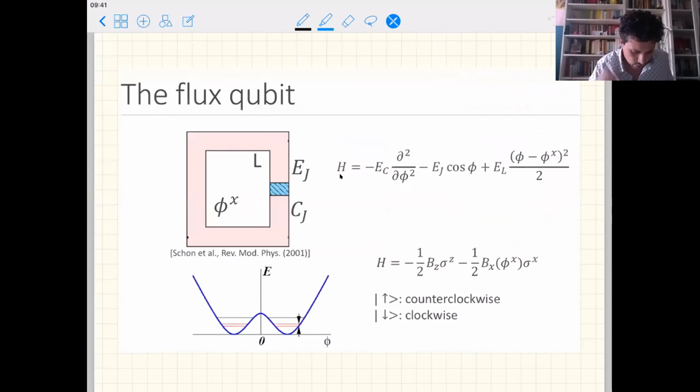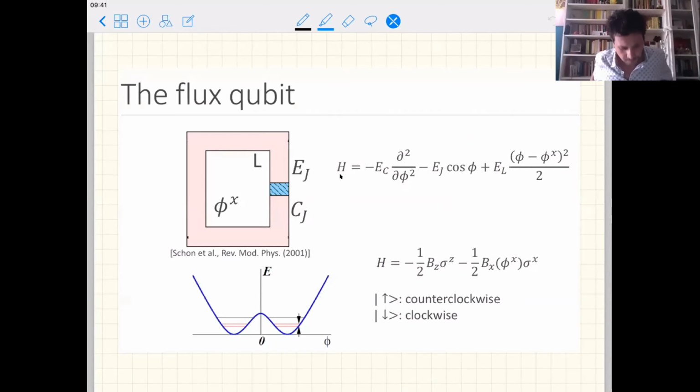The basic logical brick here is the qubit, and in this device it's the flux qubit. It's basically a superconducting ring interrupted by a Josephson junction.